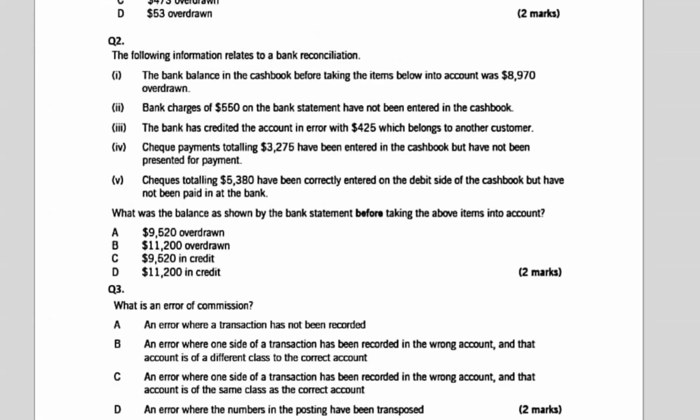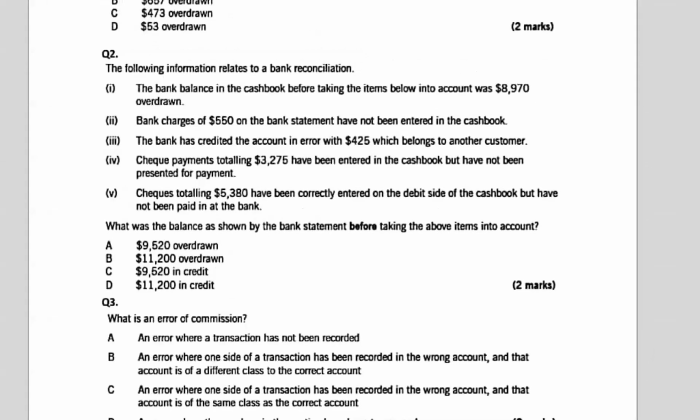Okay, so they are saying, what was shown before considering this. We have been given the balance there, which is 8,970. So I think it's before the bank had removed all these charges, so we need to add the bank charges to 8,970.